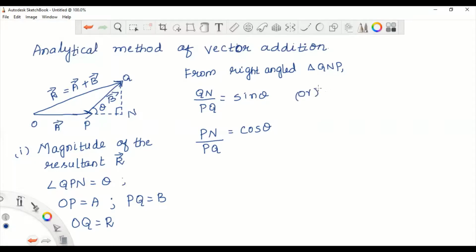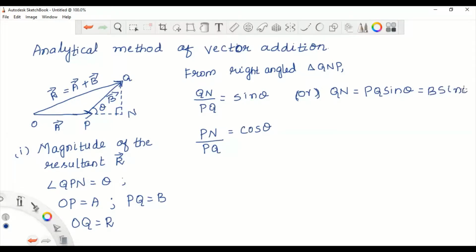So from this we can also write, what is QN? QN is equal to PQ sin theta. And already you know what is PQ. PQ is B. So can you write it as B sin theta?